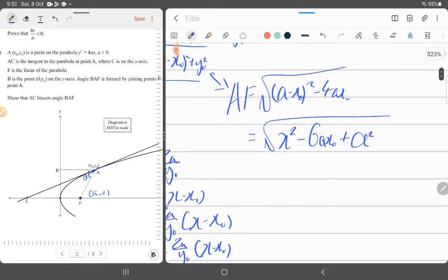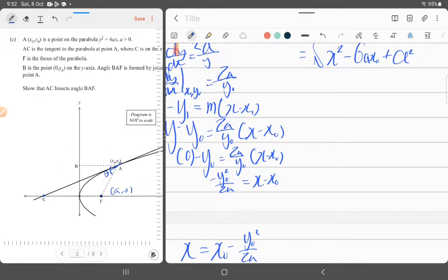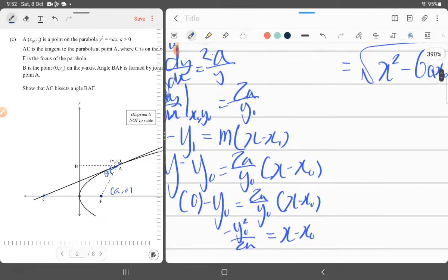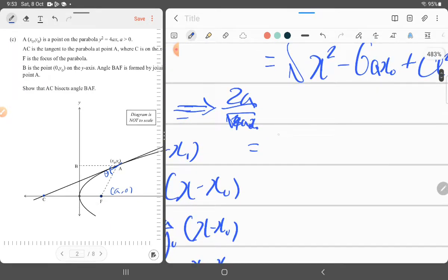Then, okay, let's just turn this into 2a over the square root of 4a x0. Is this correct?